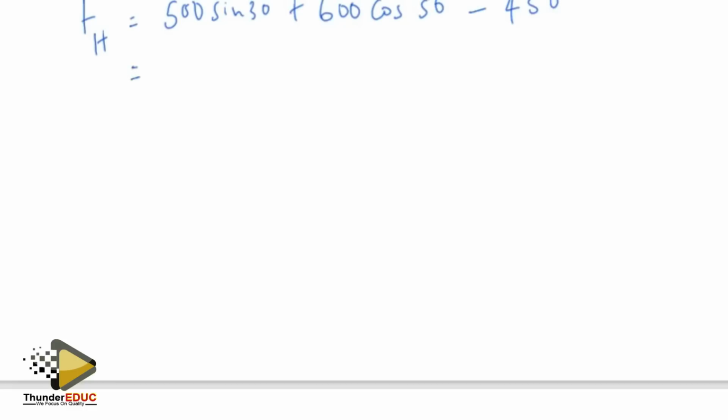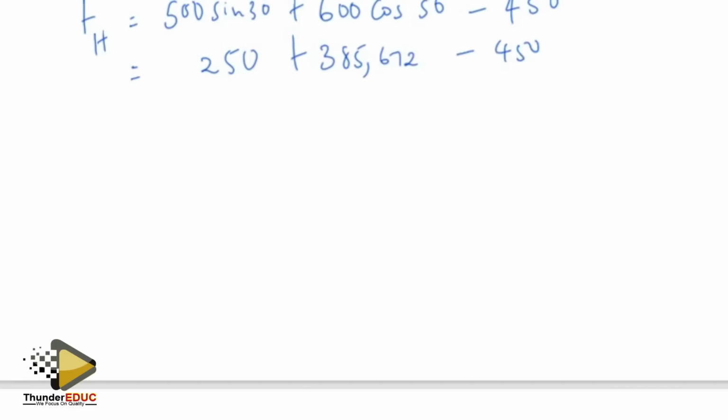So 500 sine of 30 gives us a 250. And then 600 cos of 50 is going to give me 385.672, minus the 450.